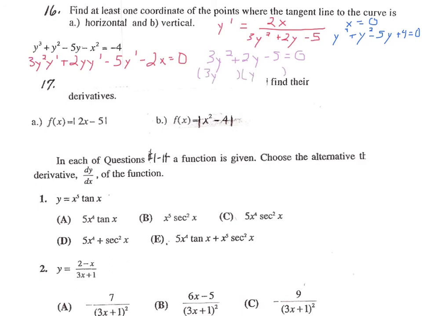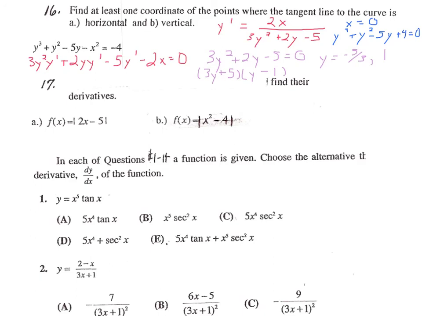I think if I put a 1 here, a negative 1, and a positive 5, that will work. So at y equals negative 5/3 and at positive 1, I will have a vertical tangent line.